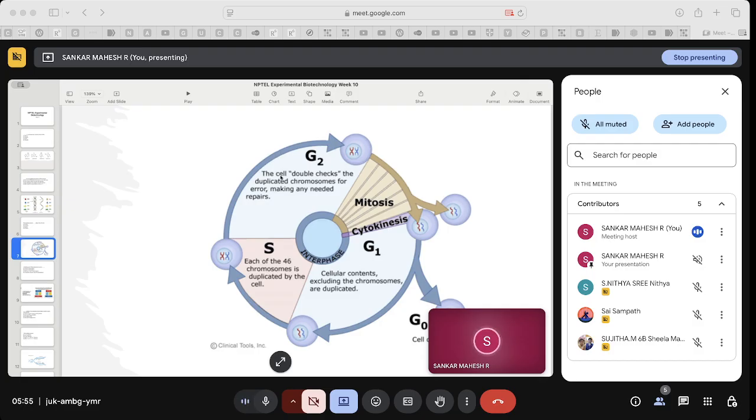Then in G2, the cell will check the chromosome for error. Then you have prophase, metaphase, anaphase, and telophase, where the duplicated chromosomes will be distributed to two cells. You also have a G naught phase where the cell cycle can go into arrest.